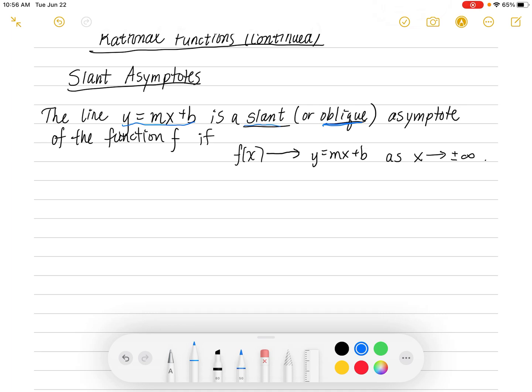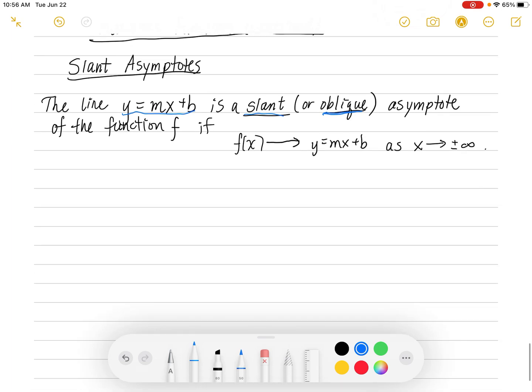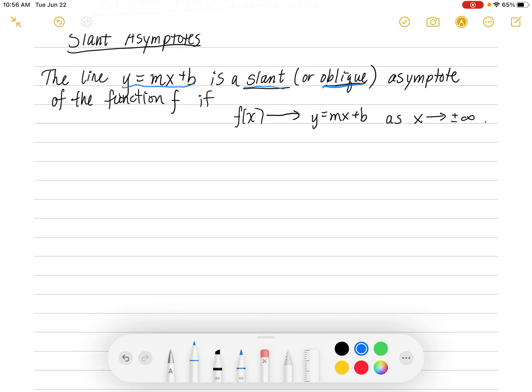We say that the line y equals mx plus b is a slant or an oblique asymptote of the function f if f of x approaches y equals mx plus b as x goes to either positive infinity or negative infinity. So let's show what that means exactly.